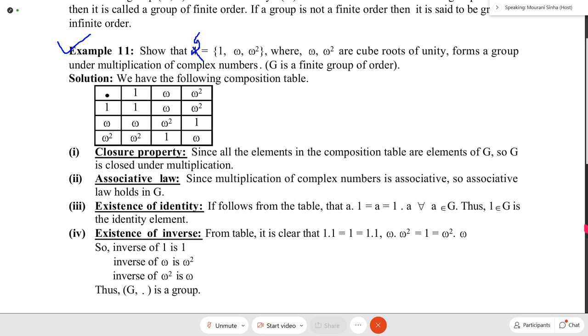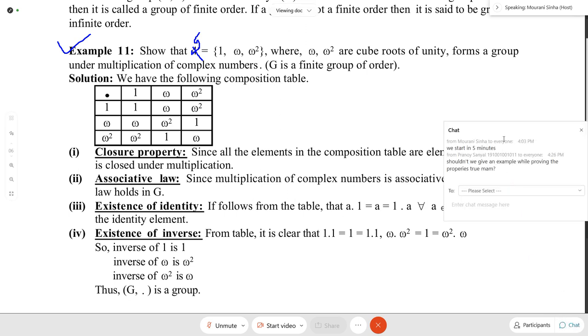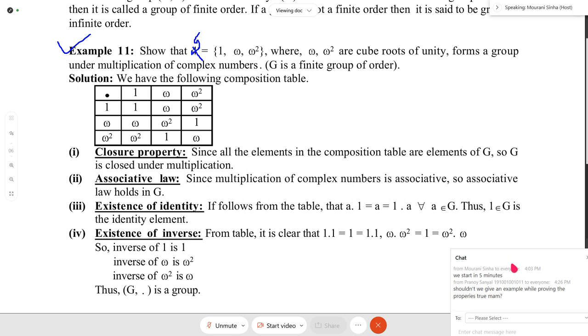Pranay, can you be a little bit clearer on what you are asking? Example of what? Which one are you asking? This itself is an example only, example 11. This is in your assignment. You can tell me, just unmute yourself.